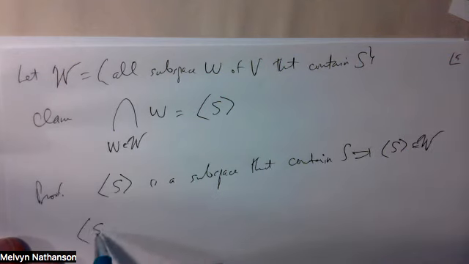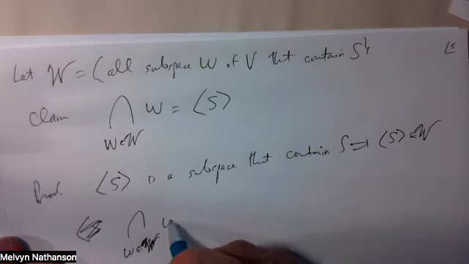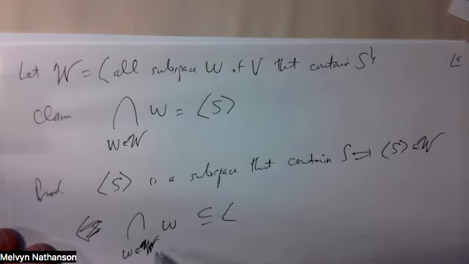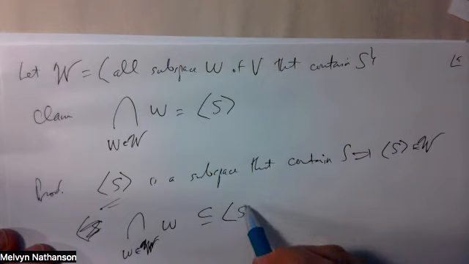So the intersection of all vector spaces in script W, this is one of them, is contained in this.